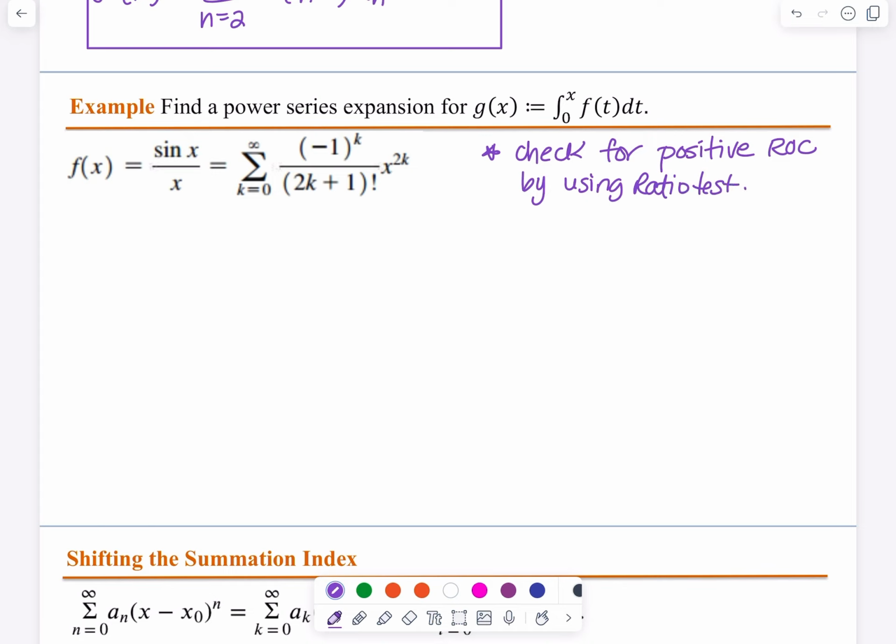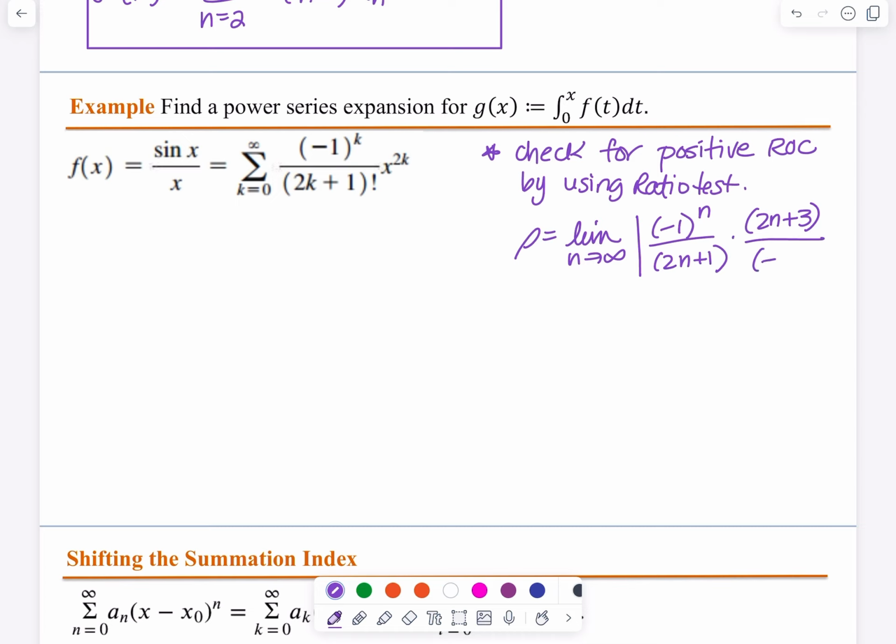So we have that rho is equal to the limit as n approaches infinity of negative 1 to the k divided by 2. And I'm going to go ahead and put n's here. Divided by 2n plus 1. And then now we're going to have 2n plus 3. And I'll explain that in a minute.